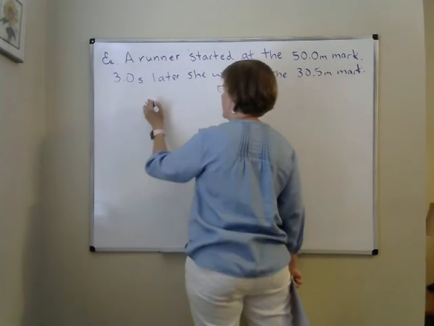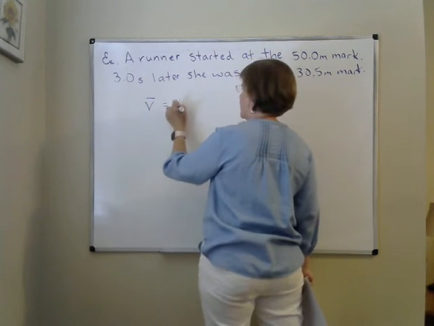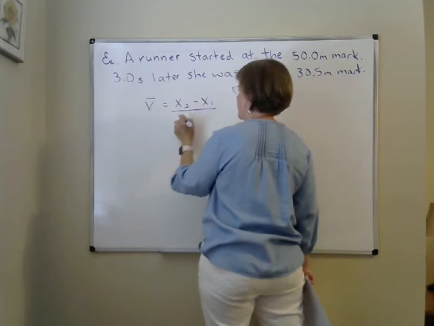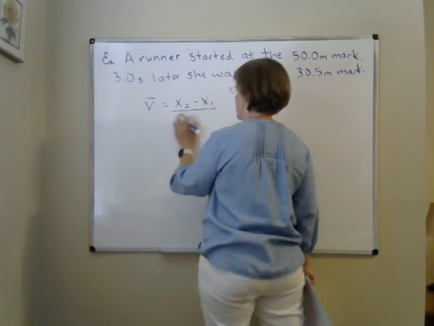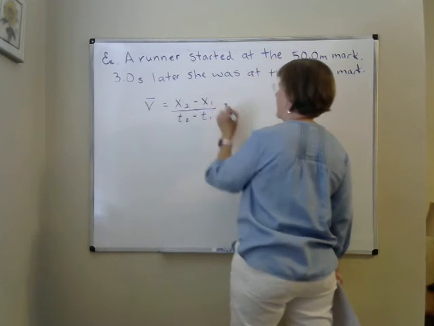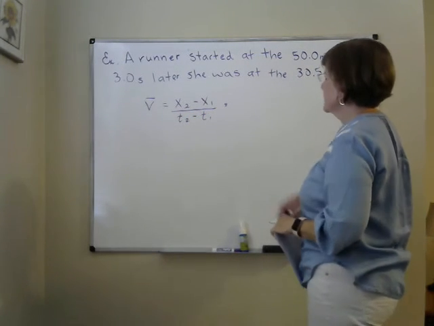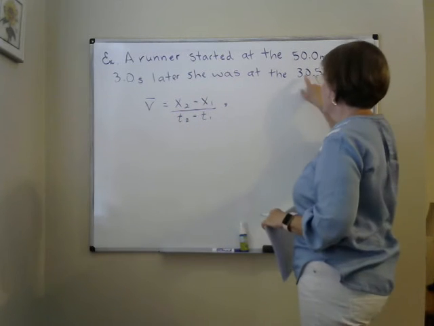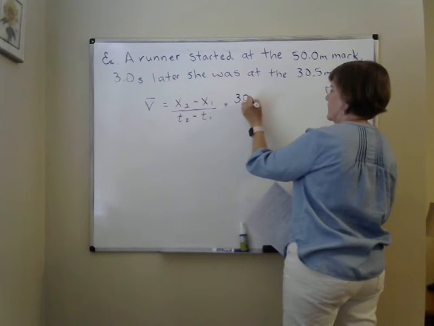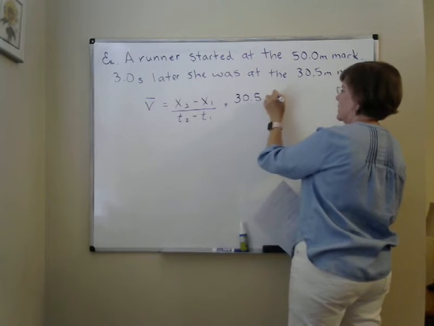Her average velocity is change in position over change in time. Her final position was the 30.5, this is x2. Her beginning one was at 50.